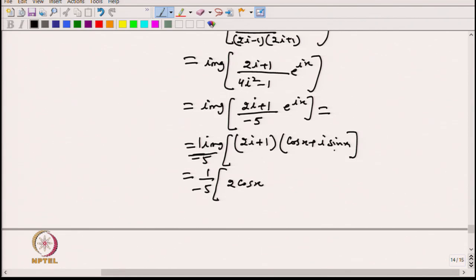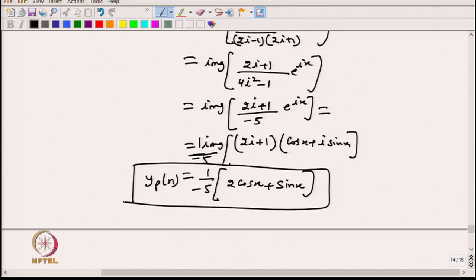Now, 2i multiplied by i sin x is the real part. 1 multiplied by cos x is the real part. 1 multiplied by i sin x gives sin x. So, this will be my y_p(x) in this case. This is the way we can find out the solution.